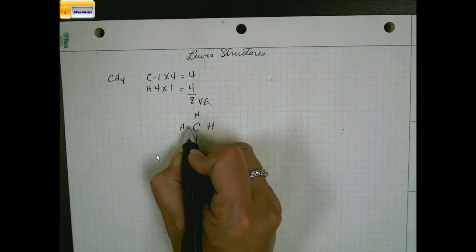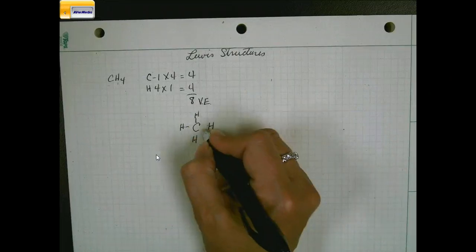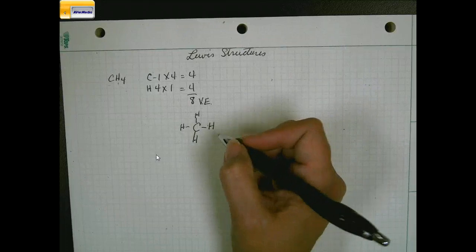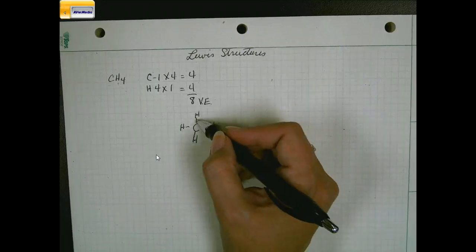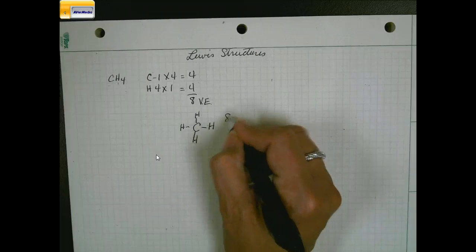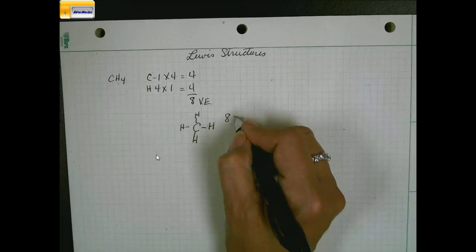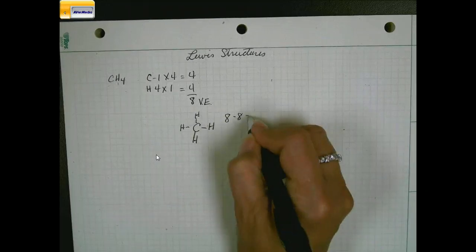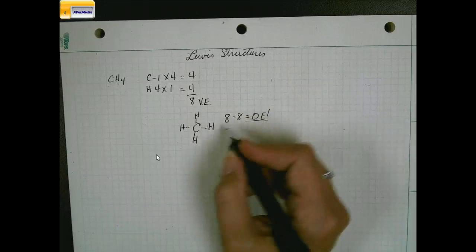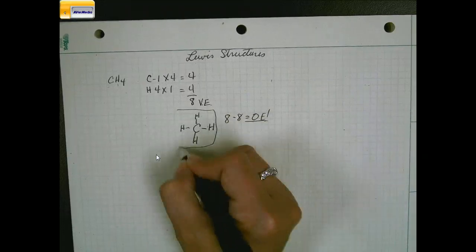So we would connect our hydrogens to our carbon, and let's see how many electrons we've used and how many we have left over. I have 2 electrons here, 2 here, 2 here, and 2 here. That gives me 8 electrons that I've used. I had 8 valence electrons to start with, so I've used up all my electrons. I don't have any left over, and so this would be my Lewis structure.